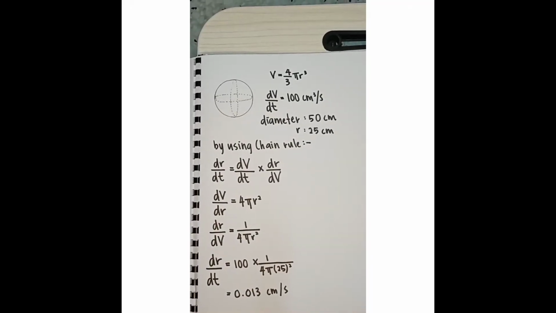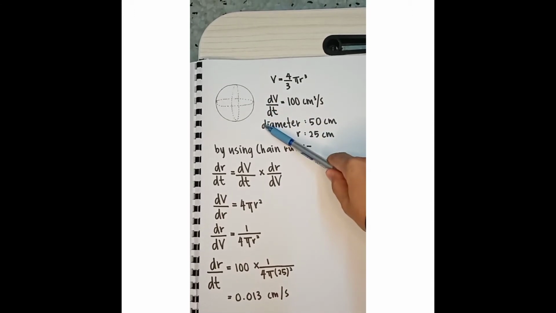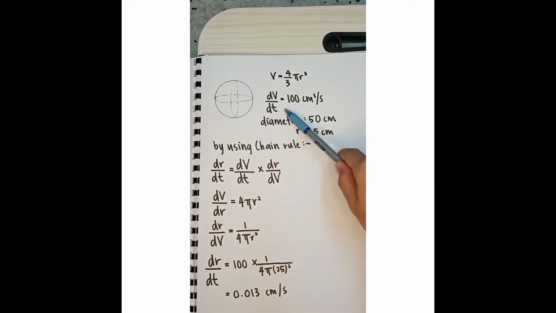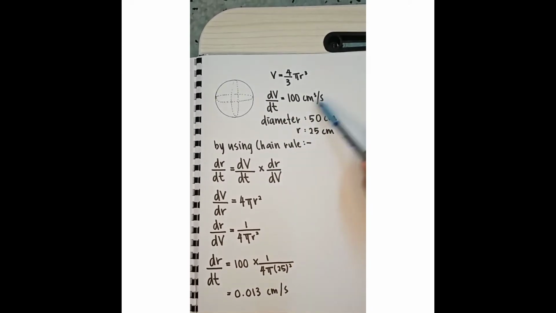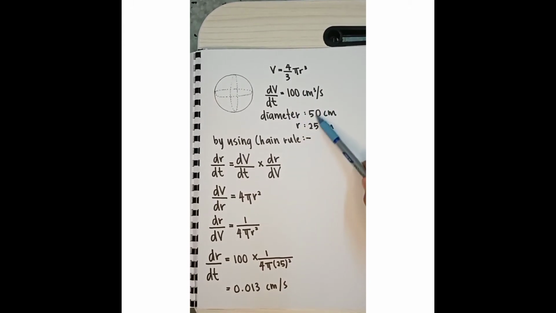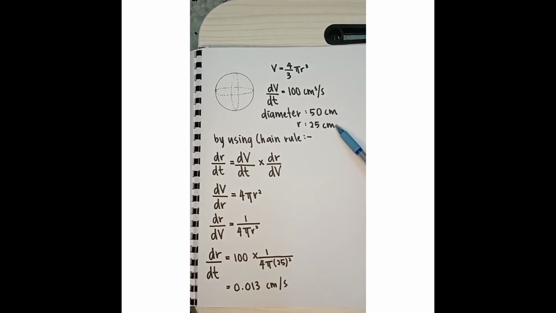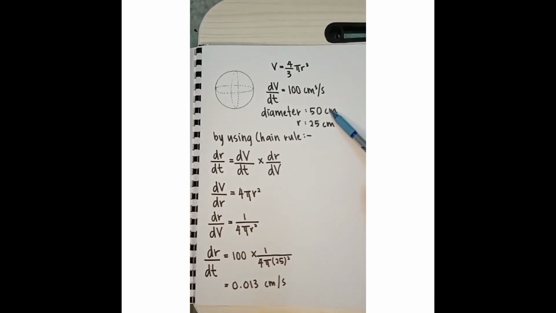From the question, we get the information about the balloon: dV over dt, the change in the volume over time, is equal to 100 cm³ per second, and the diameter of the sphere is 50 cm, while the radius is 25 cm, since the radius is half of the diameter.